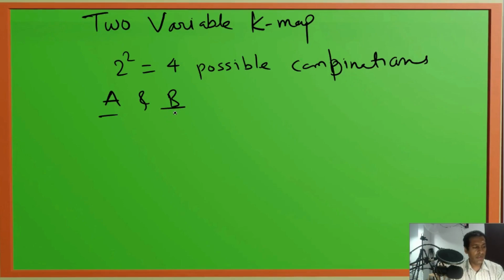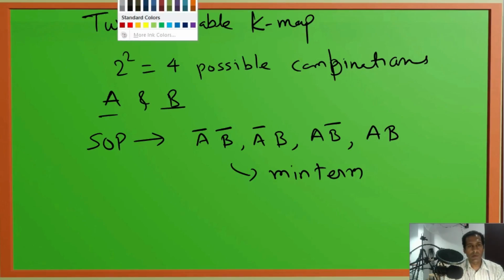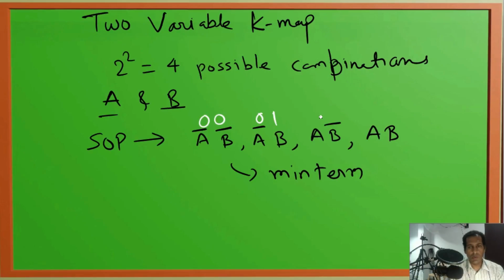Now each of these combinations we can write in SOP form, as A bar B bar, or A bar B, or A B bar, or A B. So it will be called a min term, that is 00, 01, 10, 11.